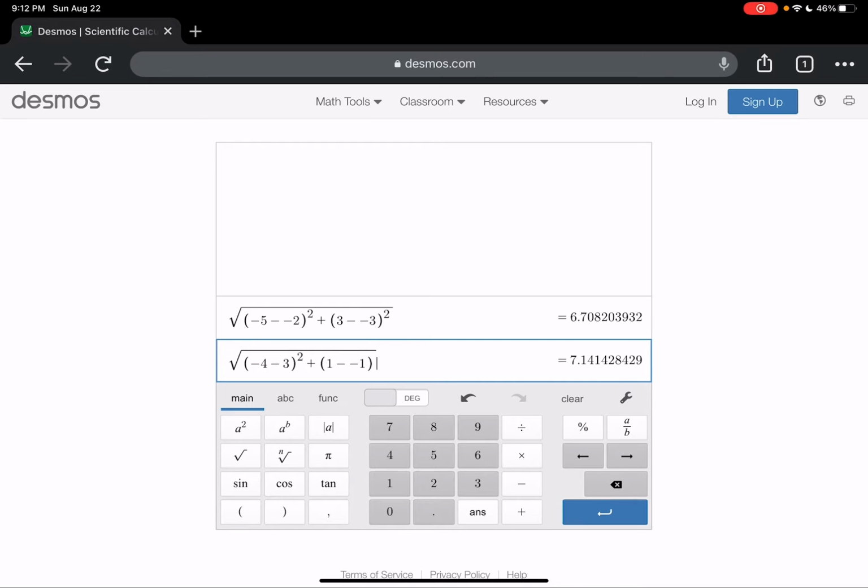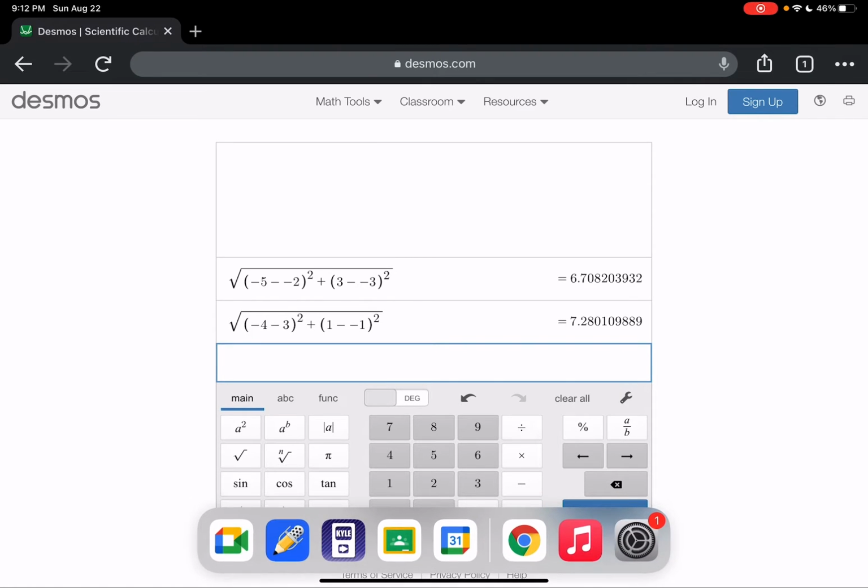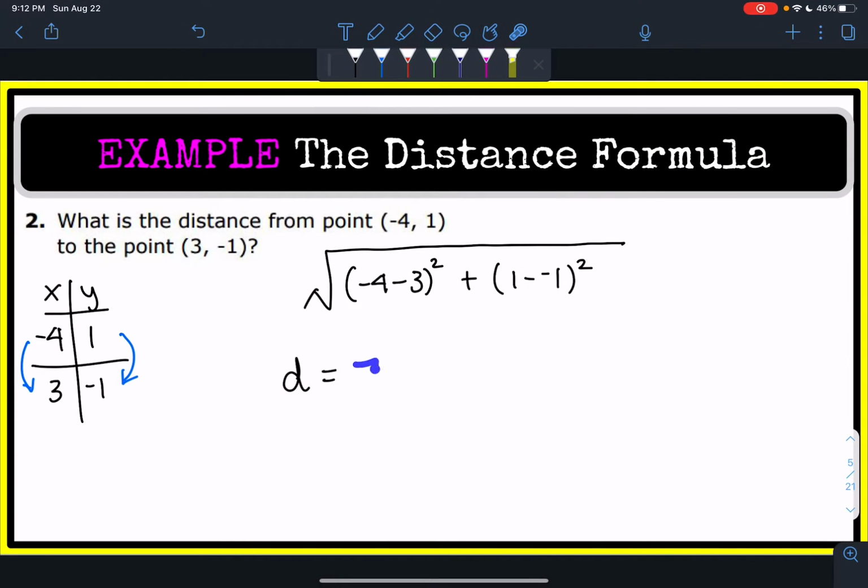And we get an answer of 7.28. So our distance is 7.28.